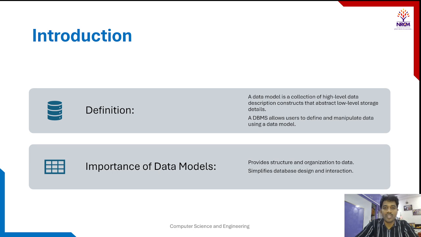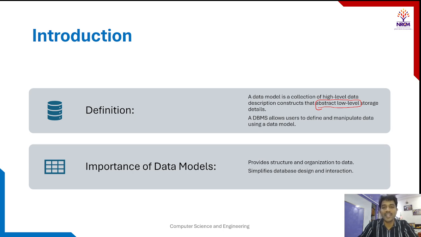The data model is mainly going to abstract the low level data. It is going to hide the low level storage structure, and give clarity of the high level data description only, so no need to worry about the minor things.